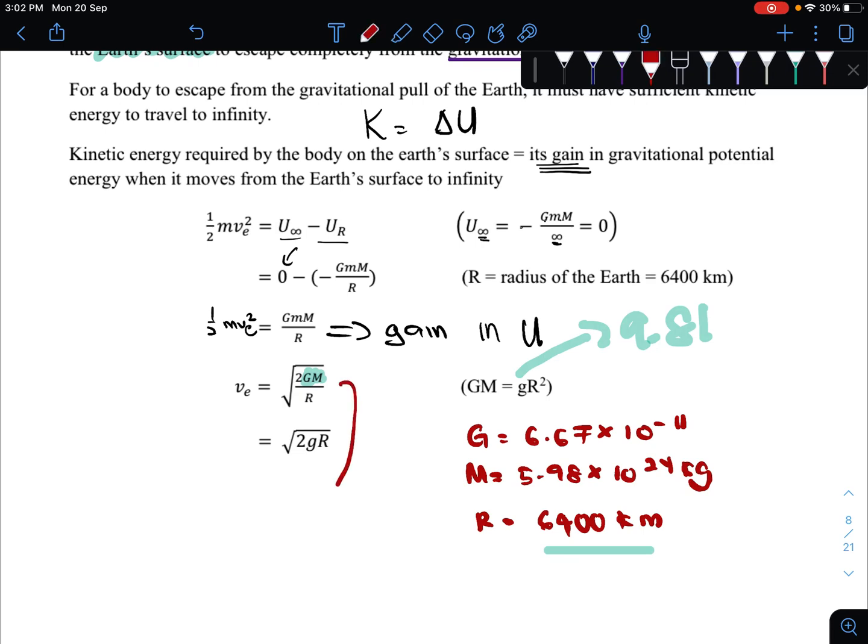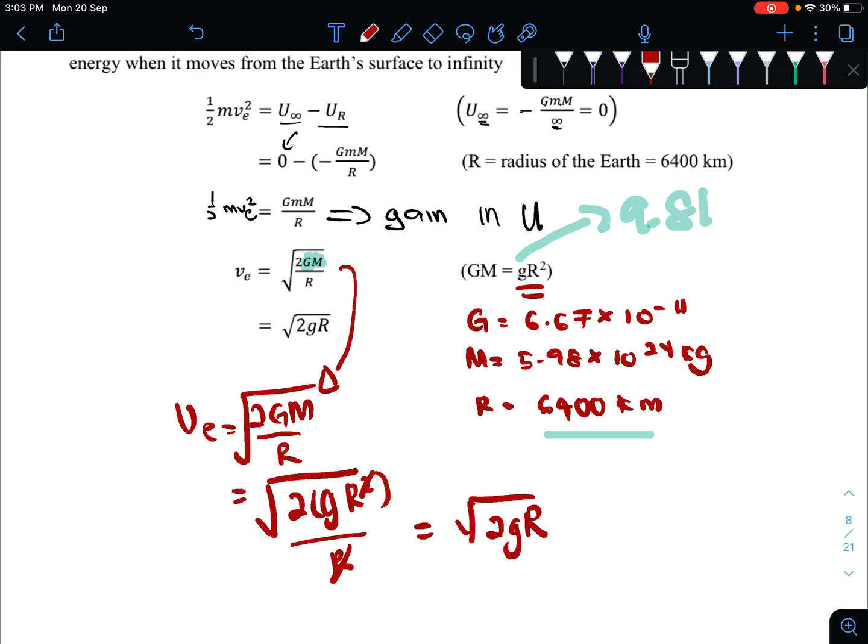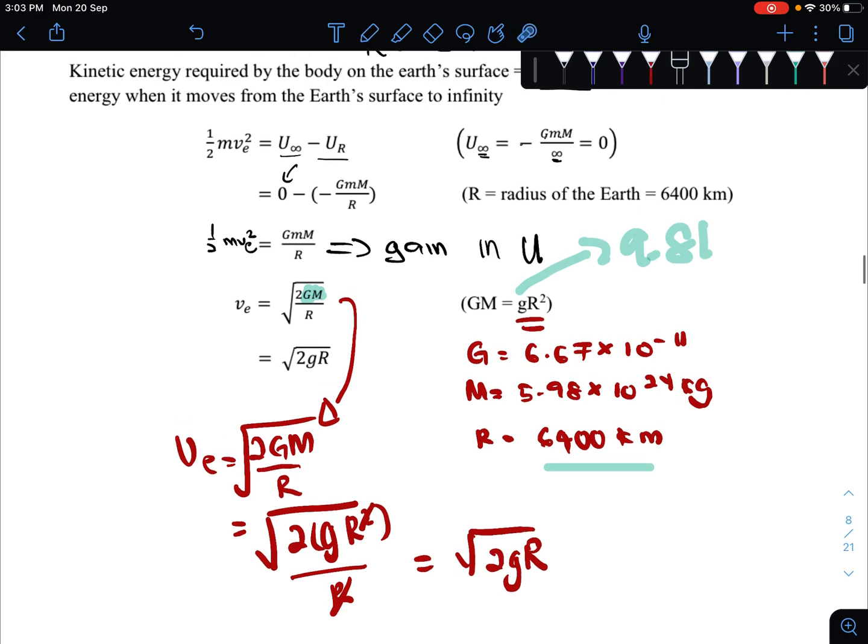Therefore, you can simply substitute: your V escape is equals to surd 2gm over R, since gm is gR square. I substitute this one. So you will end up with surd 2gR. Okay, so this is your escape velocity.